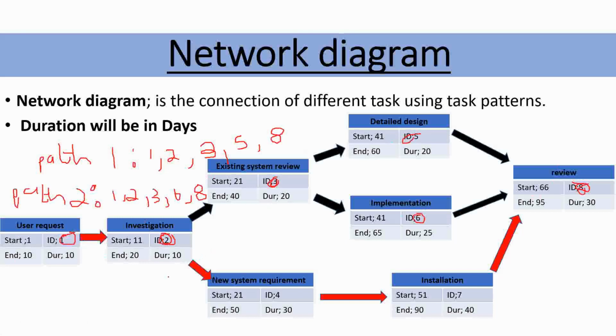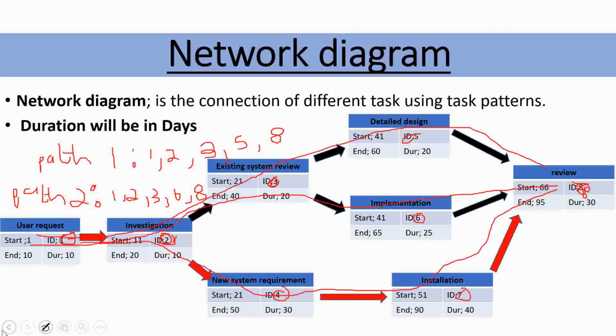That's path number 2. Therefore, it's obvious, what is path number 3? Path number 3 will start at 1 here, 2, 4, 7, 8. So what does that mean? It means that our network diagram has how many paths? 3 paths. The first path would be from here to there, the second path here to there, the third path here to there. It has 3 paths.